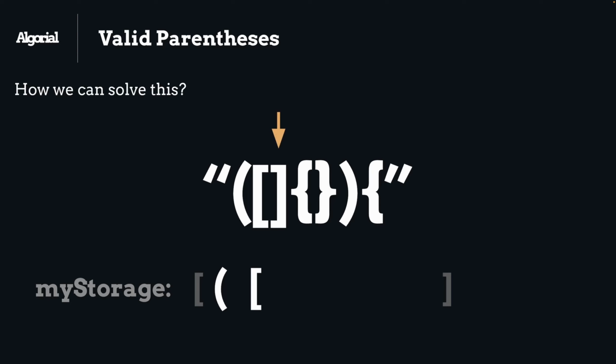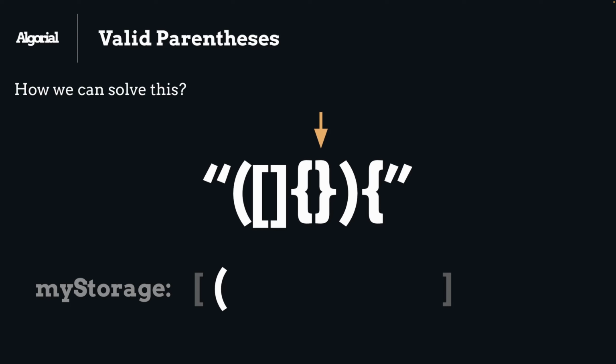I told you that we will remove it when we see the corresponding closing pair. So this time, as we can see, the very last item in our array, I repeat, the very last item, will pair with what we have in our hands now. So they will pair and we will get rid of them both. Moving on, the same thing will happen to the opening braces in here. First we will add, then it seems like the next one pairs with the very last item in our array. Then we will remove them from our array again.